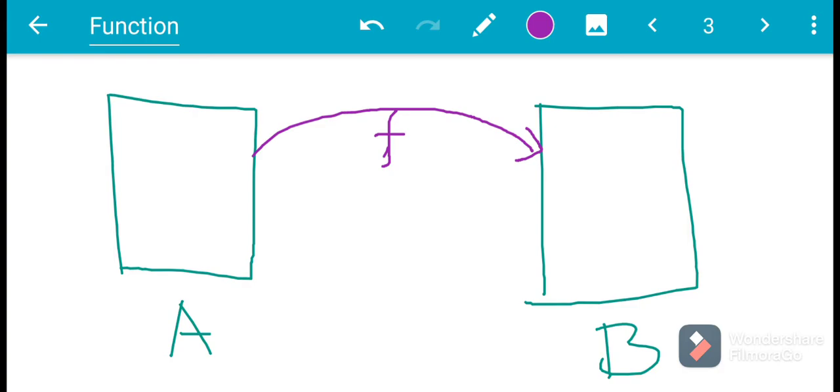So in mathematics also we have rules. A function can be defined in many ways using relations, because a function is also a kind of relation, but I'm not going to that corner to discuss relations. So we term the function f as a rule.